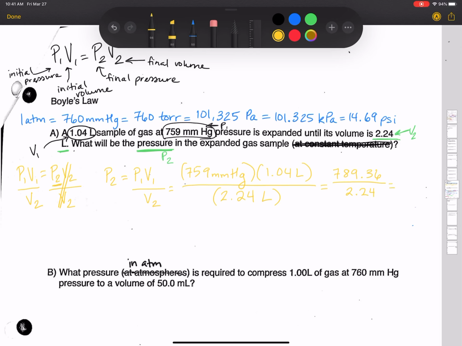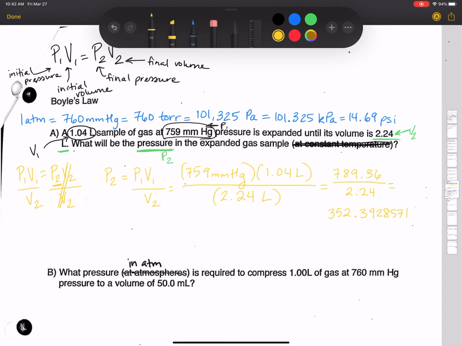Then, once I go to my calculator, I'm going to take 789.36 and divide that by 2.24. When I plug that into my calculator, I get 352.3928571.